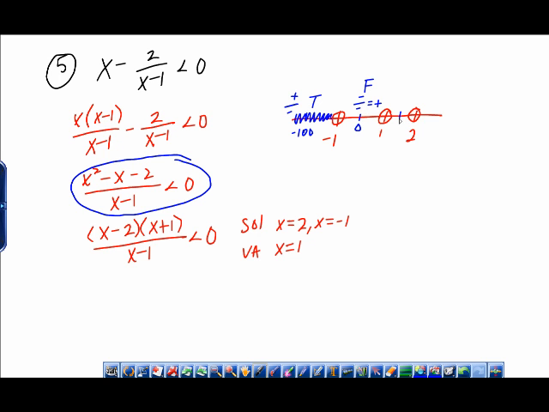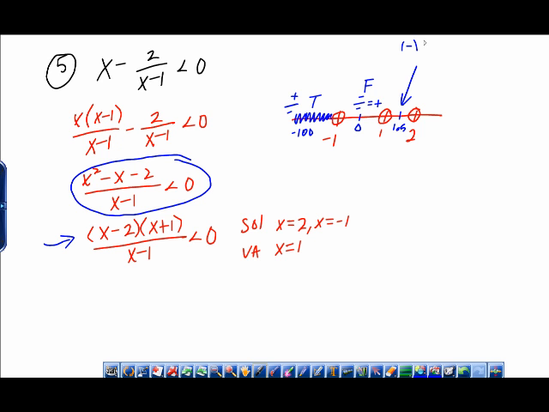Now we need to plug in a number between 1 and 2, like 1.5. And for this one only, I'm going to use this right here because 1.5 minus 2 is going to give me a negative number right here. But it's going to give me times a positive.